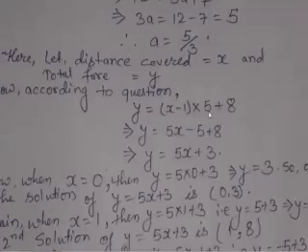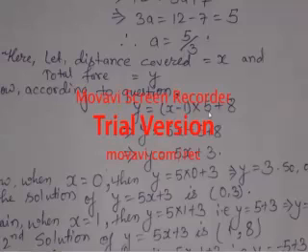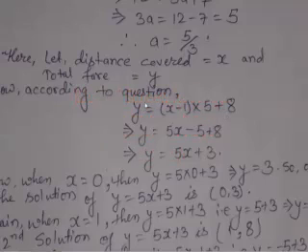Because for the first kilometer it is 8 rupees only, and x is the distance. If it is 1 kilometer, then 1 minus 1 is 0, 0 into 5 becomes 0, and it will be 8 rupees only. And for the next kilometers, 5 is added for each kilometer.